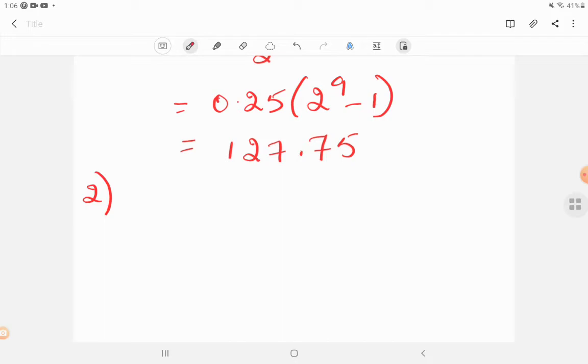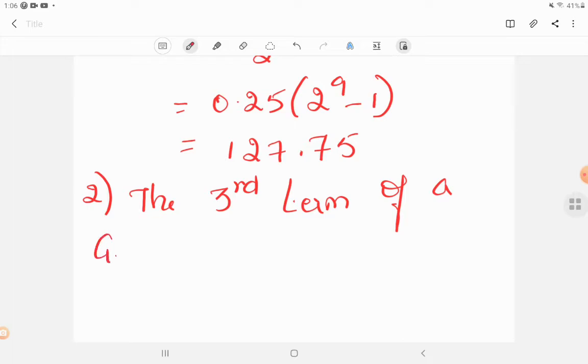So in this example, we can actually see that there are 2 terms given. So the third term of a geometric sequence, I'll write it as GP. GP means geometric progression, which is just the same.